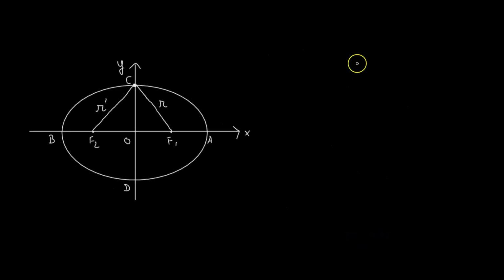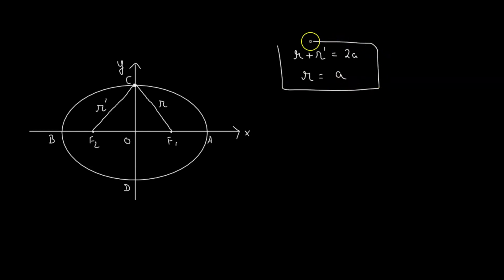Let me note down what we have derived so far. We have obtained r plus r prime equals 2a, and then we obtained the value of r equals a. So we'll use it. Now for the time being, let's assume that our point P is again at point A. In that case, we can use our formula for the conic section.